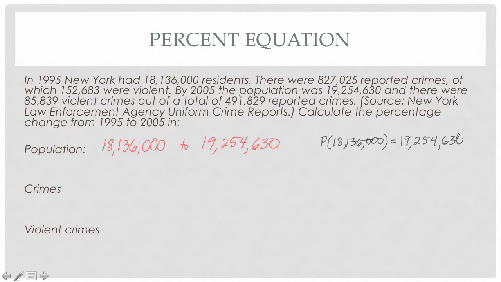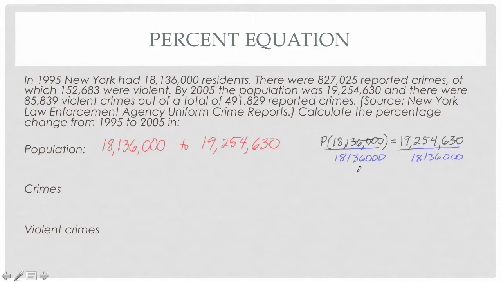We increased by an amount, and it increased after the percentage change up to 19,254,630. Now to solve for this unknown value p, I'm going to divide both sides by 18,136,000, and we'll get our percentage change. Okay, pulling out my calculator. 19,254,630 divided by 18,136,000.